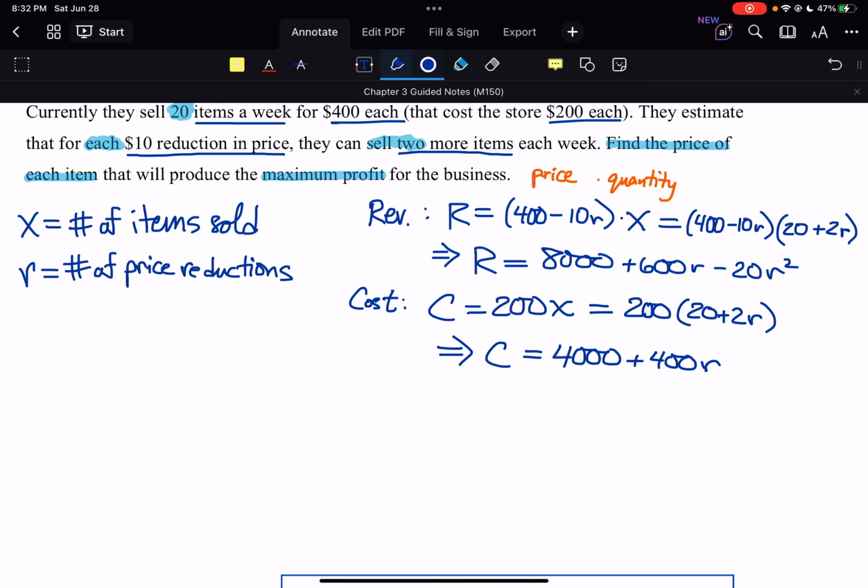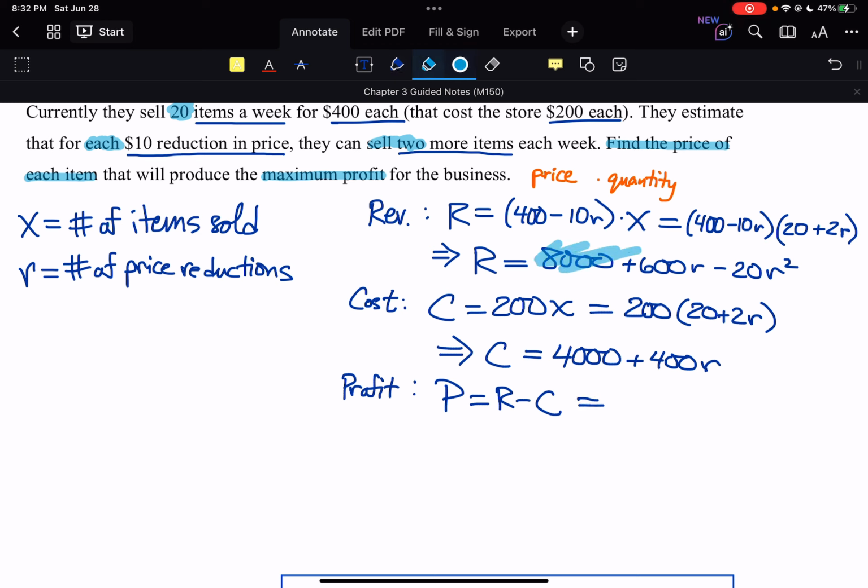So as you can see, the setup on a problem like this is a huge part, because we haven't even gotten to the profit formula yet, let alone do the calculus on it. So for the profit formula, that's going to be P. That's revenue minus cost.